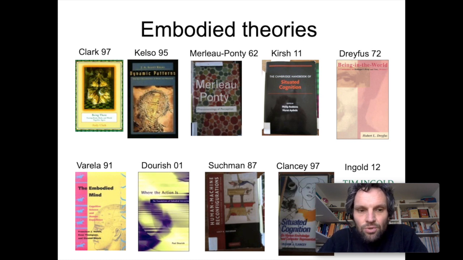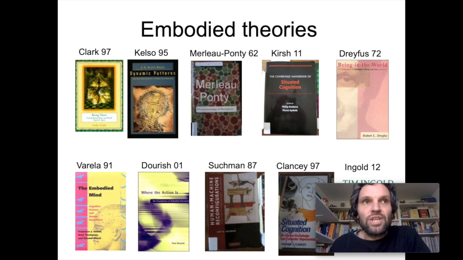And I would like to summarize all these theories together as embodied theories. They're all theories that say, well, at the core, human beings are embodied. And this split between the mind and body that Descartes thought was the right way to see things is actually not the right way to see things. The split between mind and body is an illusion that we have created for ourselves. It's just the wrong way of looking at human beings.